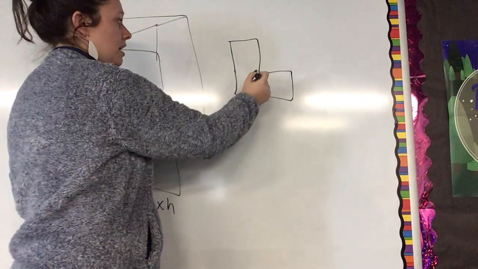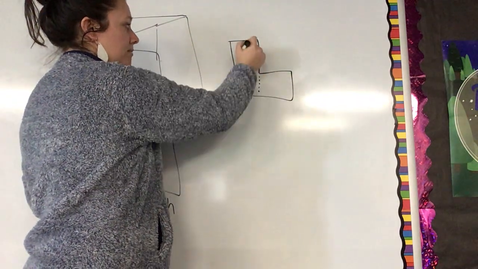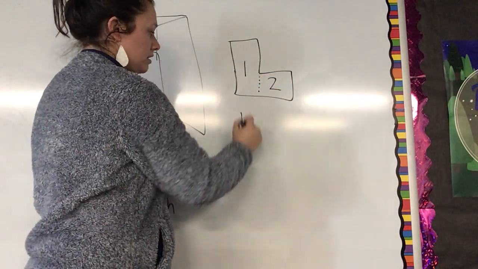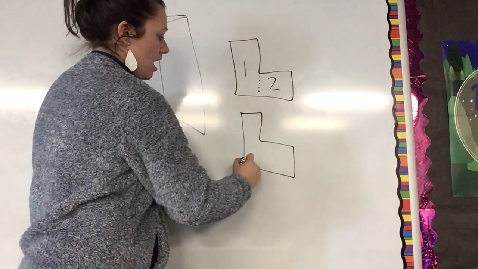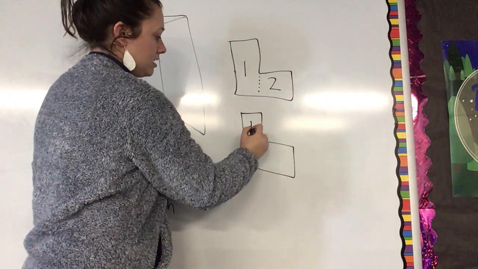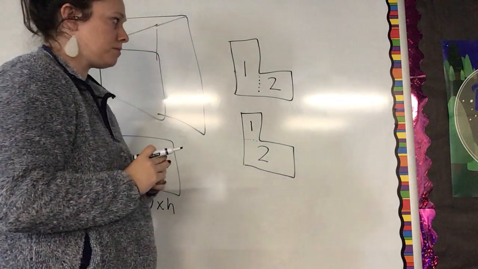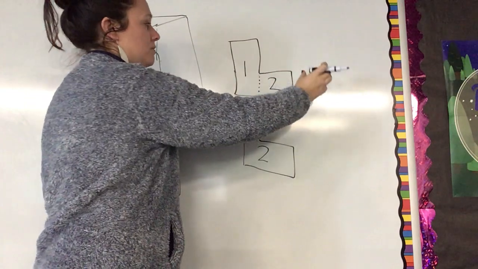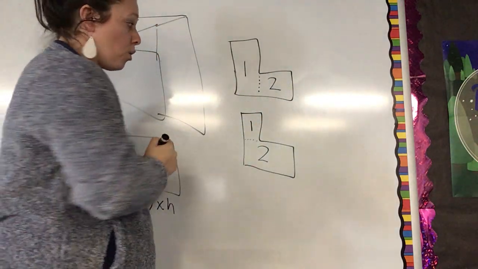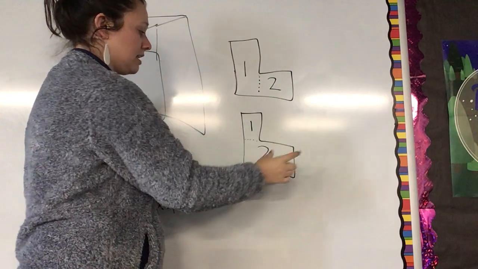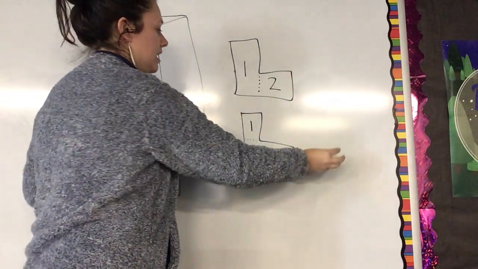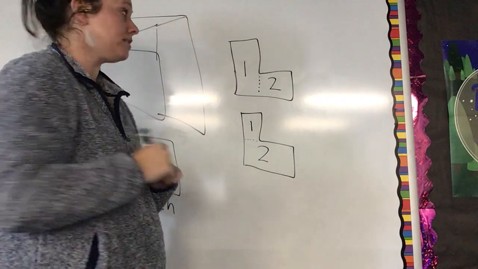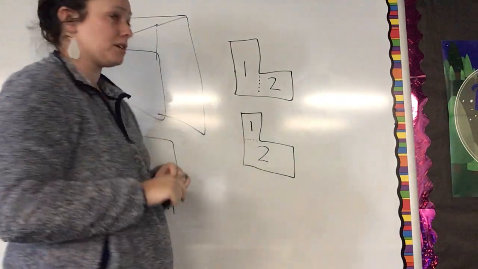So I could cut it this way to give me shape 1 and shape 2, or I could cut it this way and make this shape 1 and shape 2. Then you would find the volume of shape 1, find the volume of shape 2, and then add them together. So there's going to be different ways to get to our answers depending on how you want to cut up your shape.